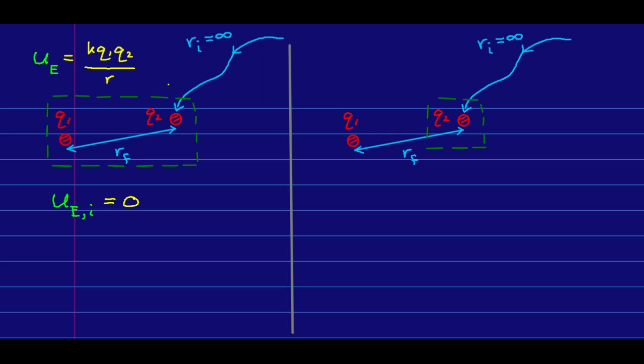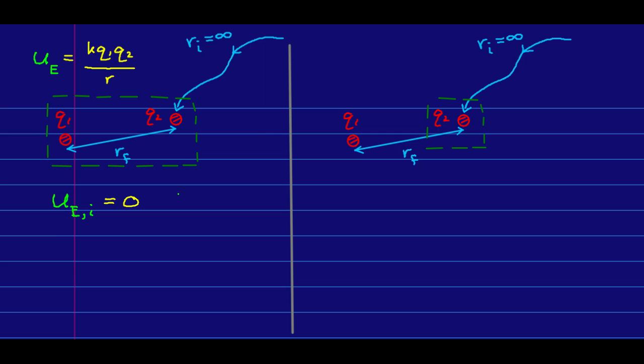Notice something else, and again, I've split the screen between the perspective where both of the particles are in the system and we're talking about the electric potential energy in the system versus the situation where we're talking about the work done on particle 2 by particle 1.